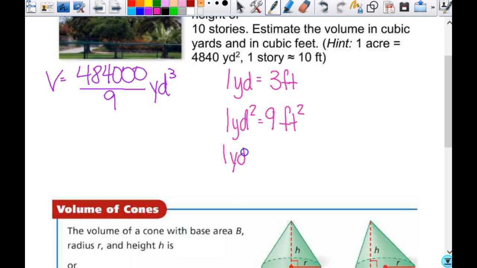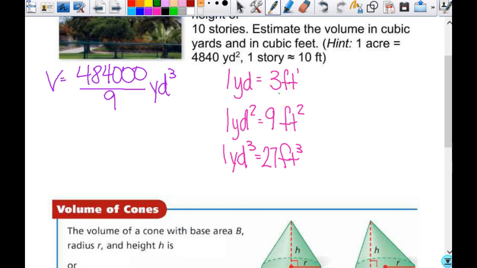And 1 yard cubed would be how many cubic feet, do you think? It would be 3 times 3 times 3, which is 27. You multiply 3 times. And there's an exponent in all those. That one is kind of hidden. We wouldn't really write it, but I want you to write it right now because I want you to see what's happening here.